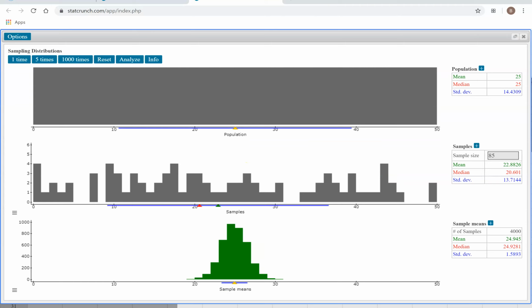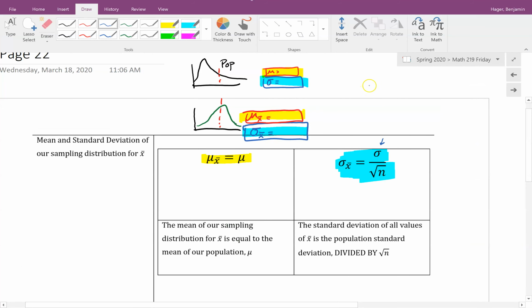Okay, here's the standard deviation of my population, 14.43, and the standard deviation of my sample means is 1.59. That was my population standard deviation, 14.43, and for the sample means it was 1.59. Let's verify that this formula is not lying to us.